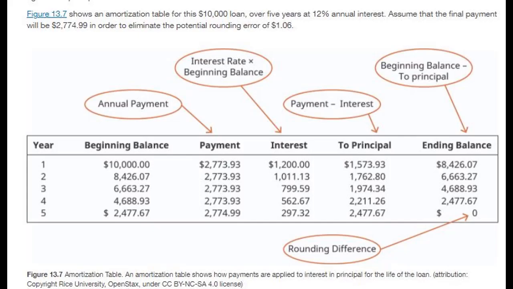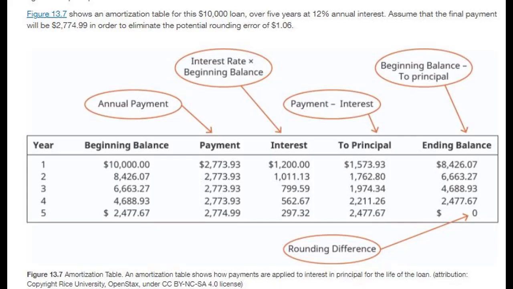Okay, if $1,011 out of the $2,773 payment in year 2 is interest, then the remainder of the payment, that is $2,773 minus $1,011, or $1,762.80, that must be the amount of your annual payment that will pay down the debt or the principal this year.